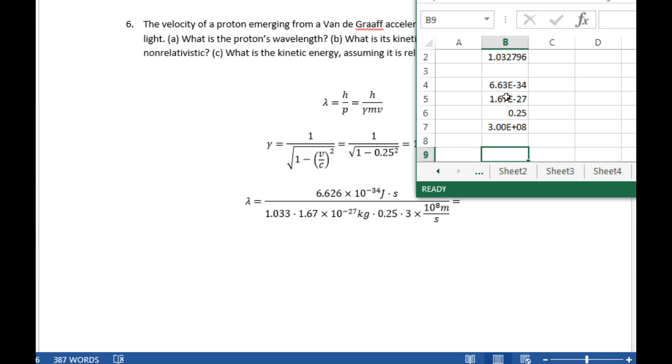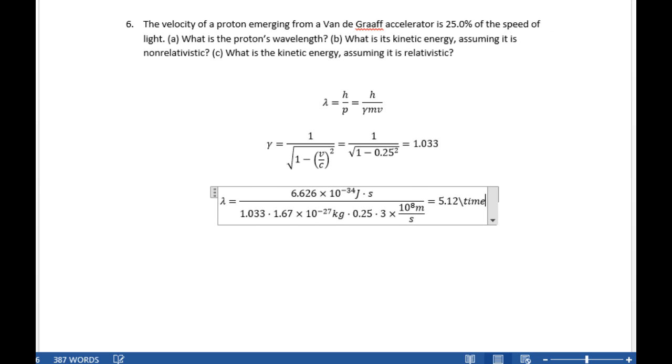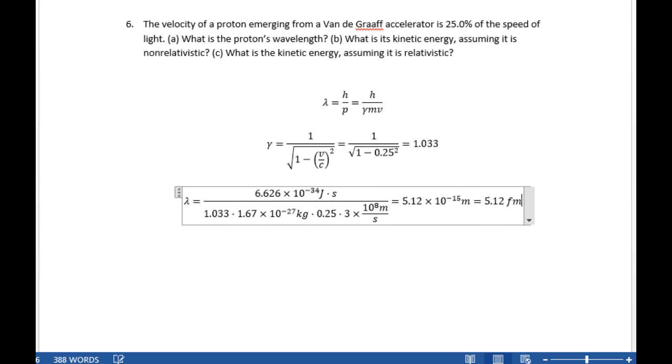So lambda is Planck's constant divided by gamma times the mass times the fractional speed of light times the speed of light. And that is 5.12 times 10 to the minus 15 meters, which is 5.12 femtometers.